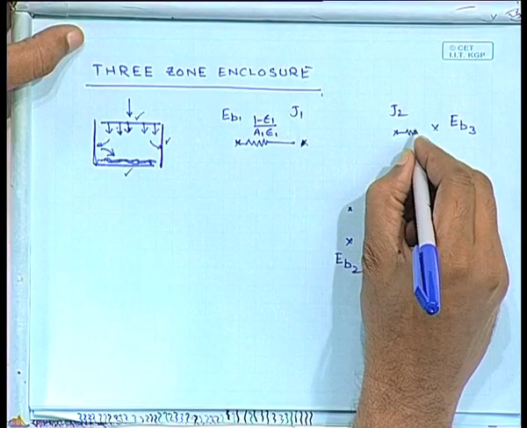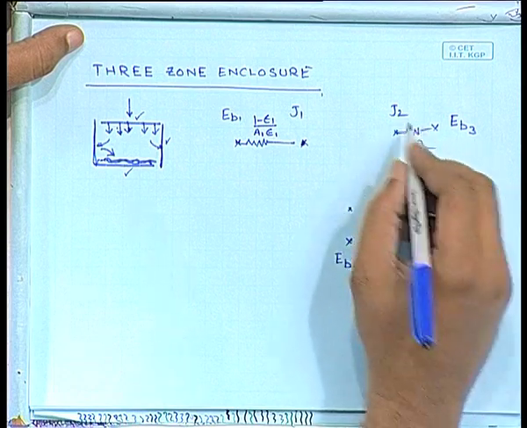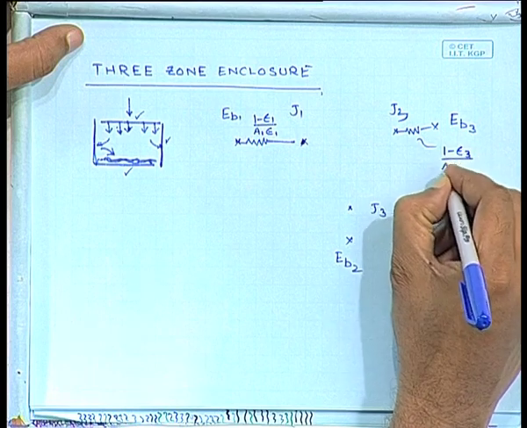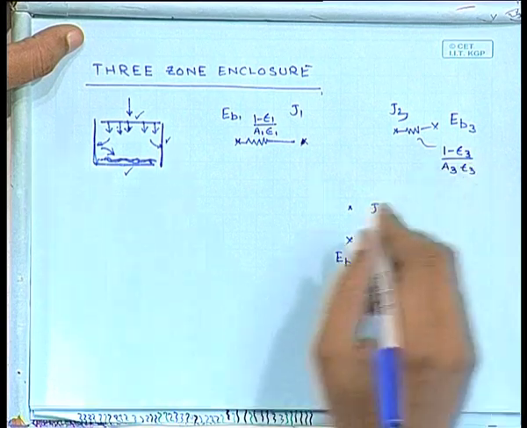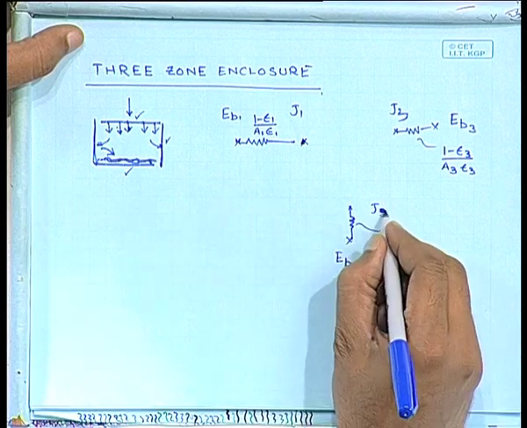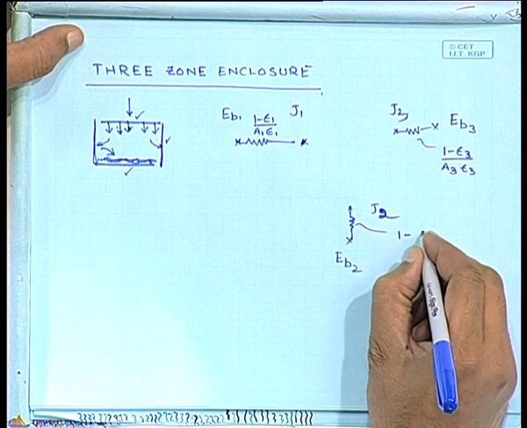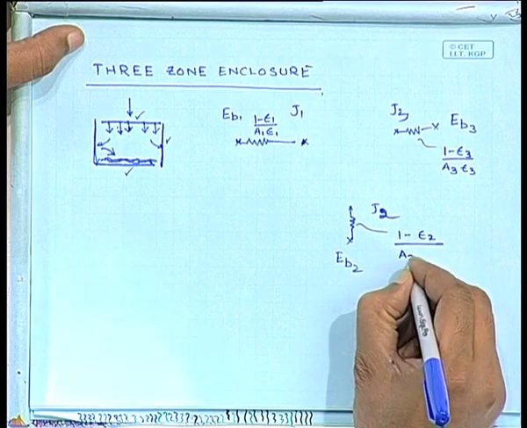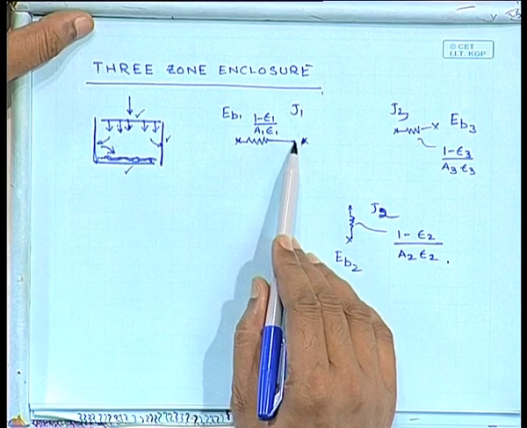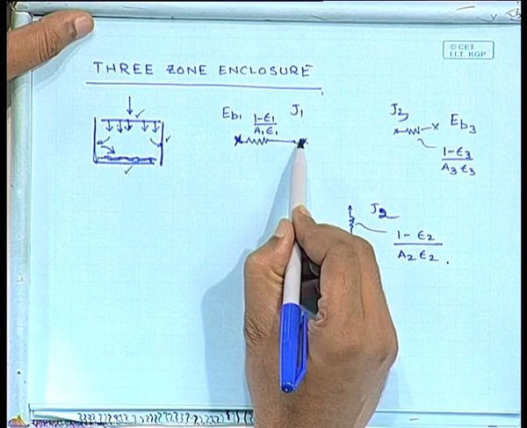What is that resistance going to be? 1 minus epsilon 1 by A1 epsilon 1. I am going to have another resistance between J3 and EB3, which is going to be 1 minus epsilon 3 by A3 epsilon 3. All right. So, that is the 3, all the potentials I have marked over here.